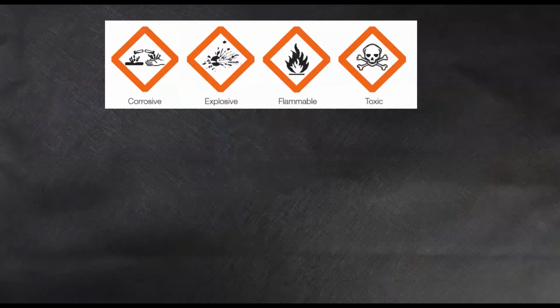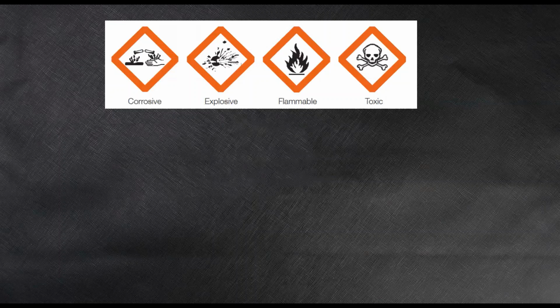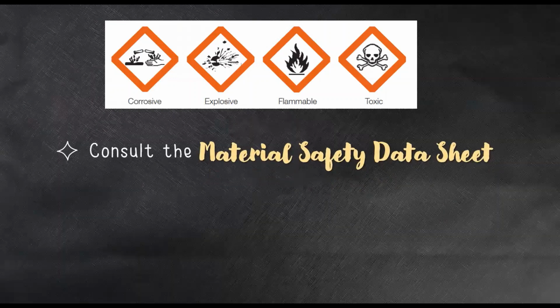Okay, now let's proceed to this. Class, when it comes to handling chemicals, if you can remember in your PMLS2, it is always advised to seek the MSDS of the chemical. What is the MSDS? The MSDS is the Material Safety Data Sheet.